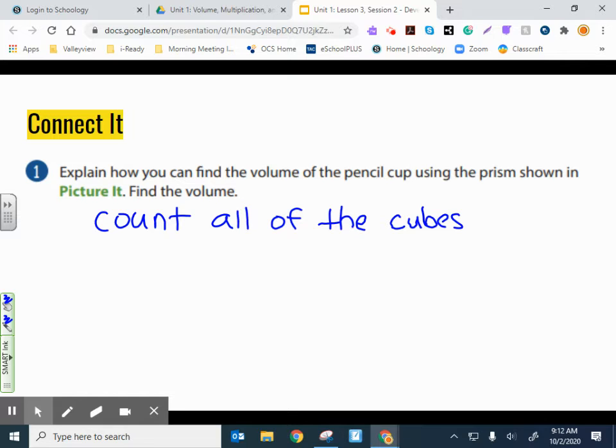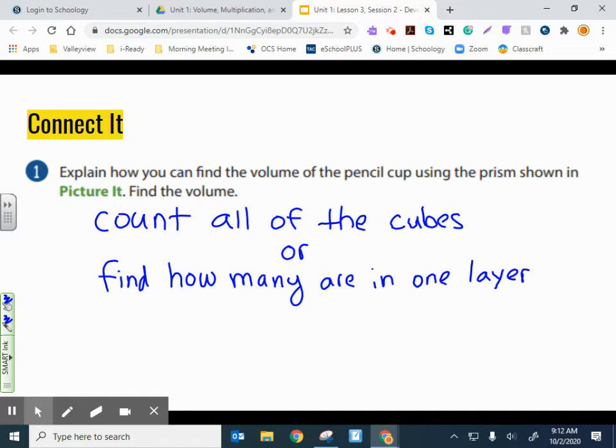Or what I would probably do is find how many are in one layer, and then multiply the layers. So for instance, if you find that there's 6 cubes in one layer, find out how many layers and multiply that number by 6. There you go. There's a couple of techniques there if you're using that first picture, or the ones with all the cubes.